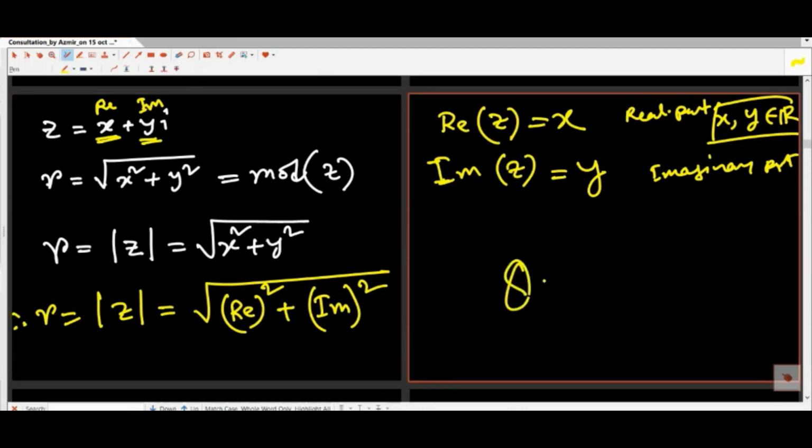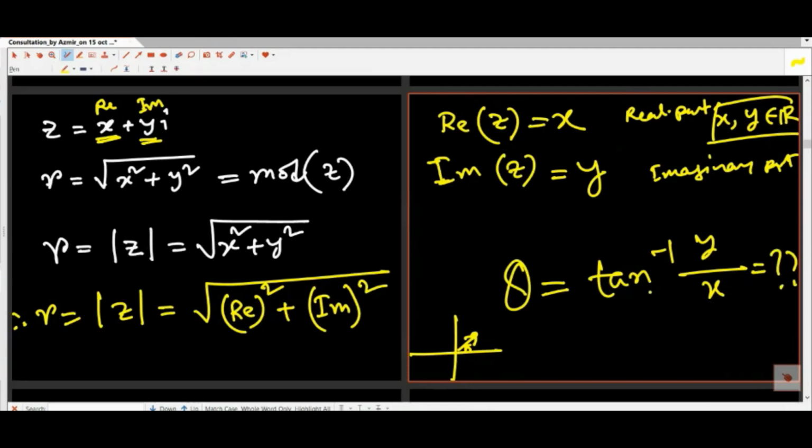And the angle that we have found so far is theta equals tan inverse y over x. Sometimes you have to correct the answer that you are going to find, depending on the location. If a point is in the first quadrant, then you don't need to add or subtract anything. The result from this formula is okay.